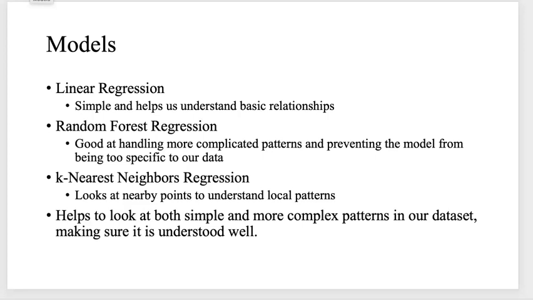And k-nearest neighbors regression because it's able to look at nearby points to understand local patterns. The combination of these regression models that look at both simple and more complex patterns made it very easy to understand the data well.